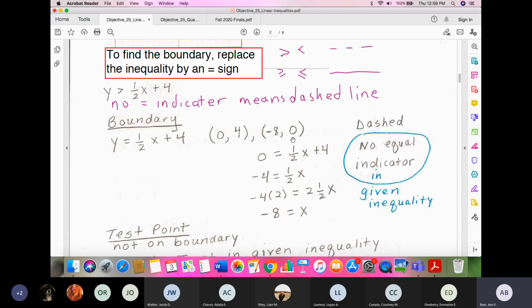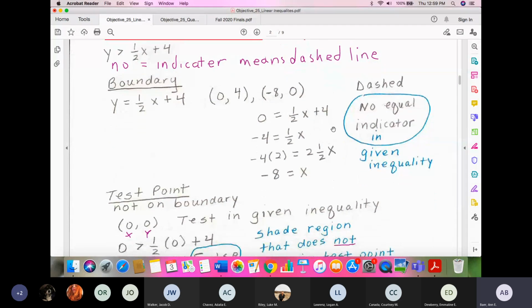If you put 0 in for y, this entire side is 0, we get 0 equals 1/2 x plus 4. And we want to solve for x. Let's move the 4. Subtract 4 from both sides. Then we'll get -4 equals 1/2 x.